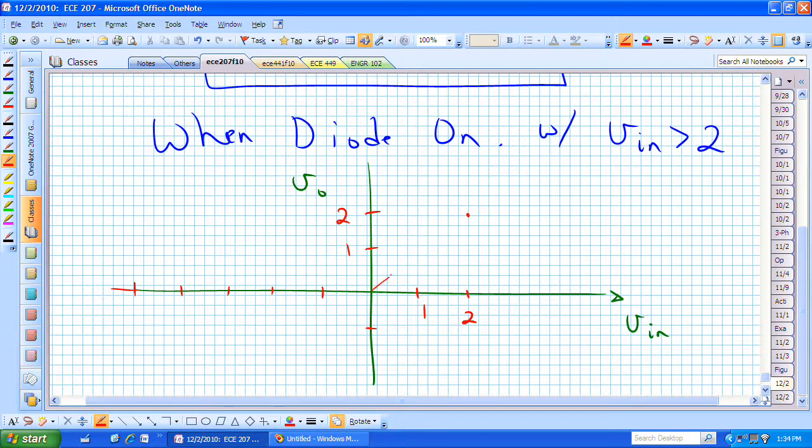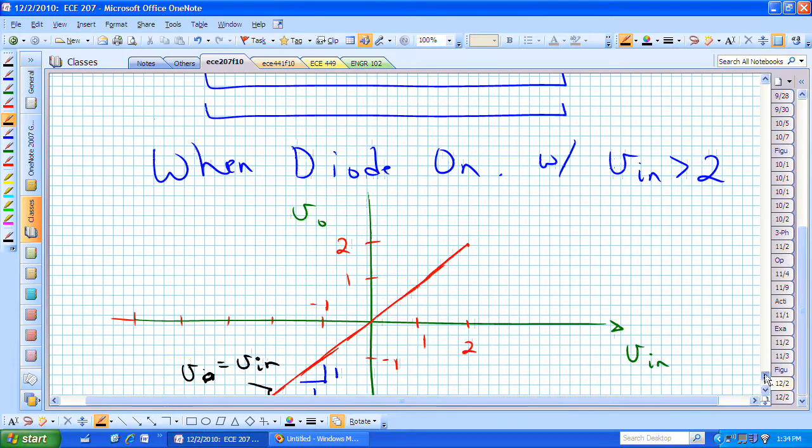So here's minus 1, minus 1, here's minus 2, and we can just take that all the way down to 5. In this particular case, we are going up 1 and over 1, so our slope is 1. Vout is equal to Vn.